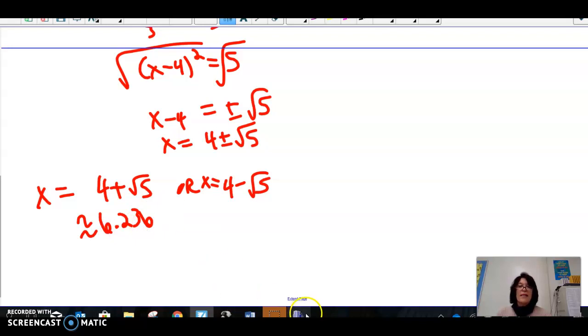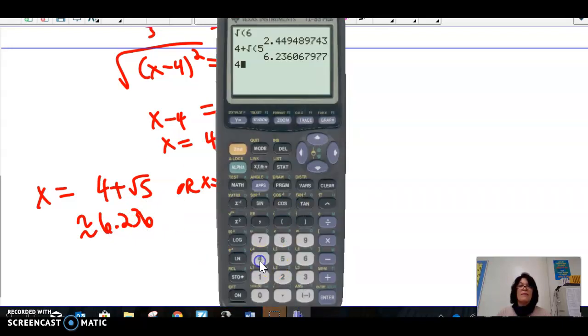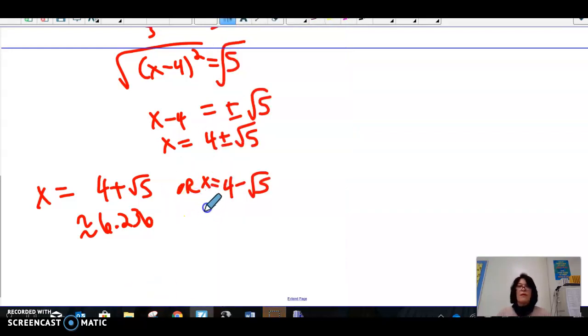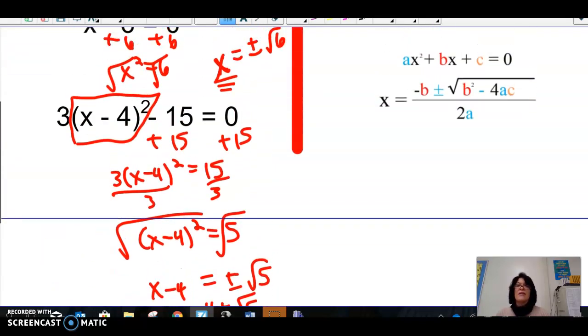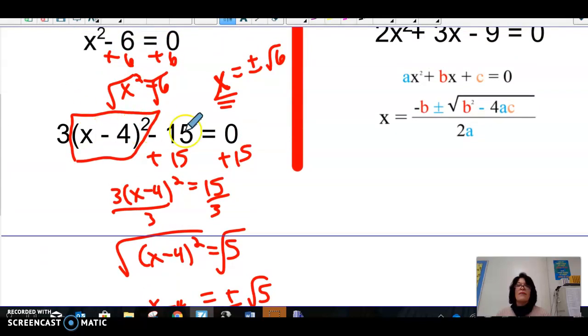Let's see what 4 minus the square root of 5 is. That's about 1.764. Let's go with 1.764. Okay, so that's what we get. Those two answers. The exact answers are 4 plus the square root of 5, 4 minus the square root of 5. Okay, for this equation.